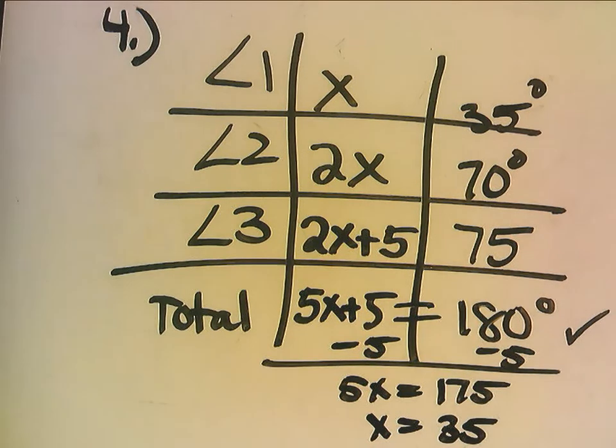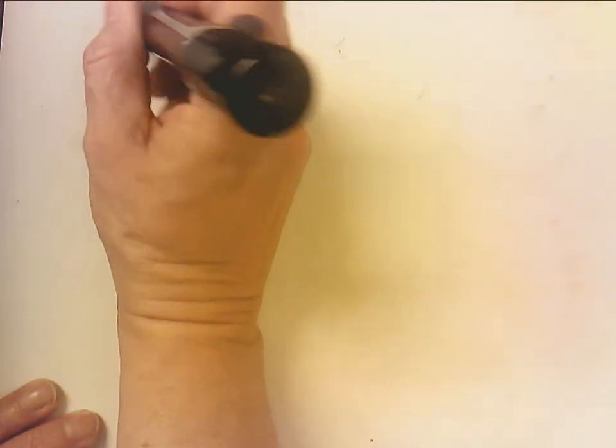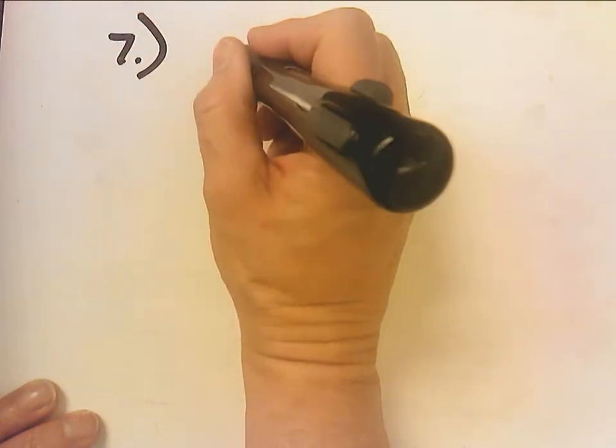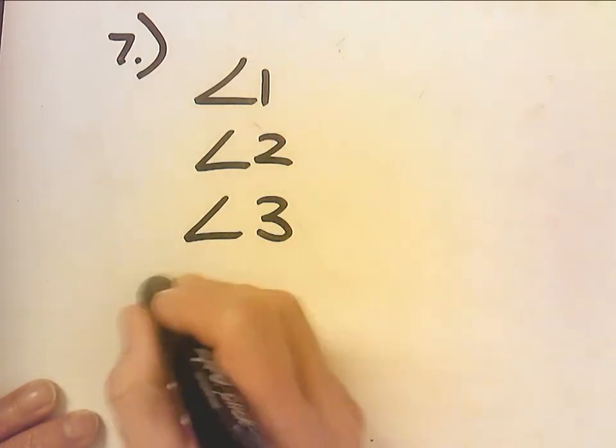Okay? Now, let's look at number 7. Okay? Number 7 says, again, we have angle 1, angle 2, angle 3, and total.